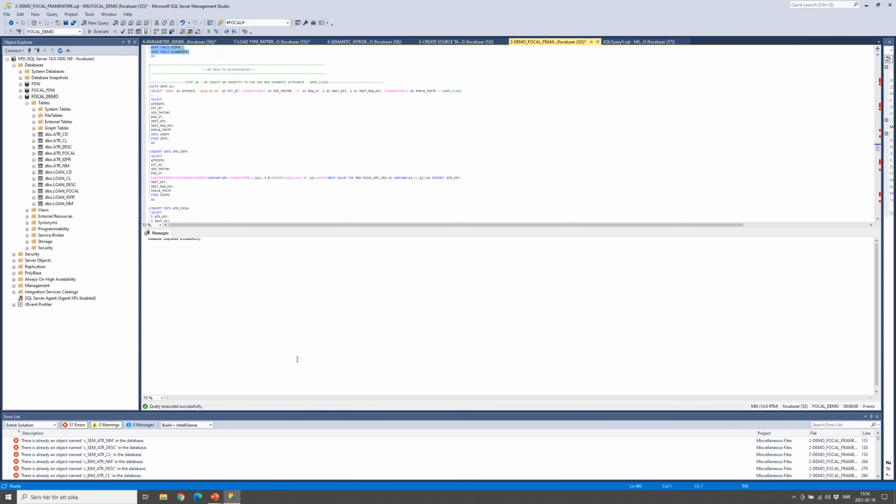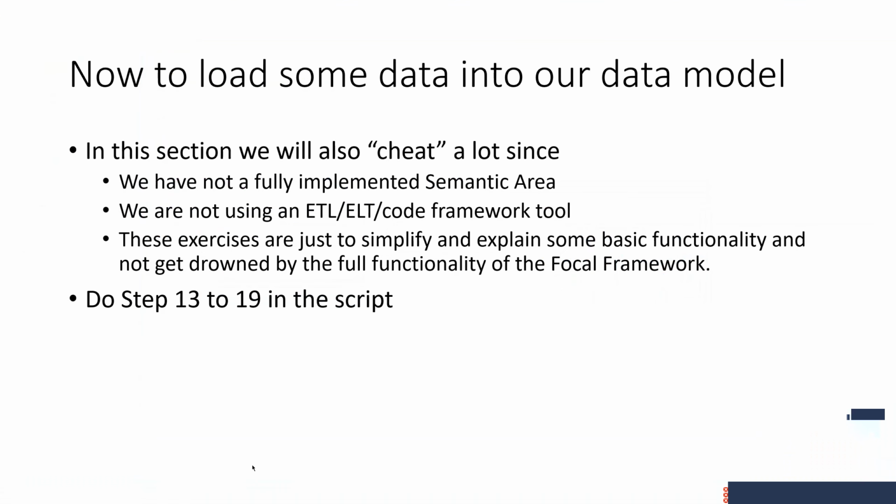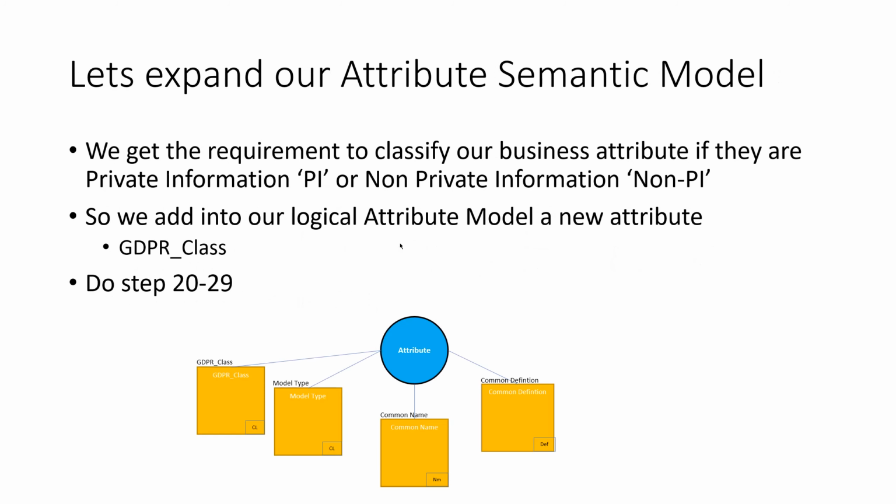So let's go back to the presentation, right? So now we have loaded some data and we are happy. Now, next scenario. Let's expand our attribute semantic model. We get the requirement to classify our business attributes as private information, PI, or non-private information, non-PI.